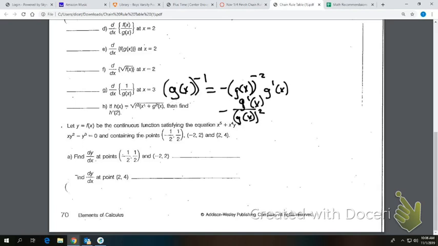So g prime of 3 would be 5, so negative 5 over g of 3 is negative 4, and negative 4 squared is 16. Anybody else get that?